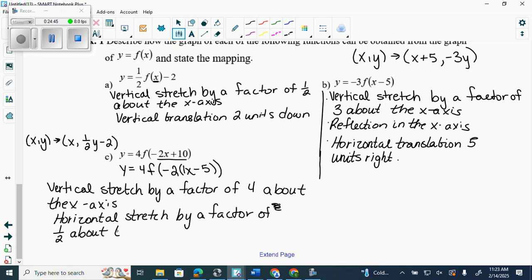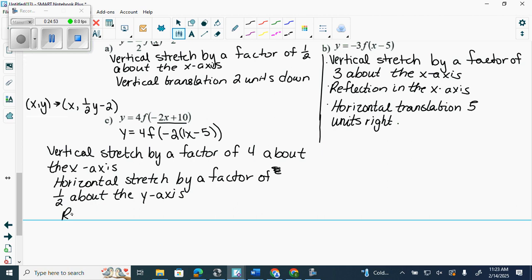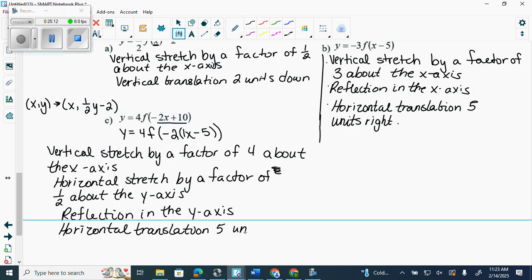About the y-axis. The negative in front of the 2 is a reflection in the y-axis. And then a horizontal translation 5 units right. And the mapping, this x, y becomes negative a half x plus 5, comma 4y.